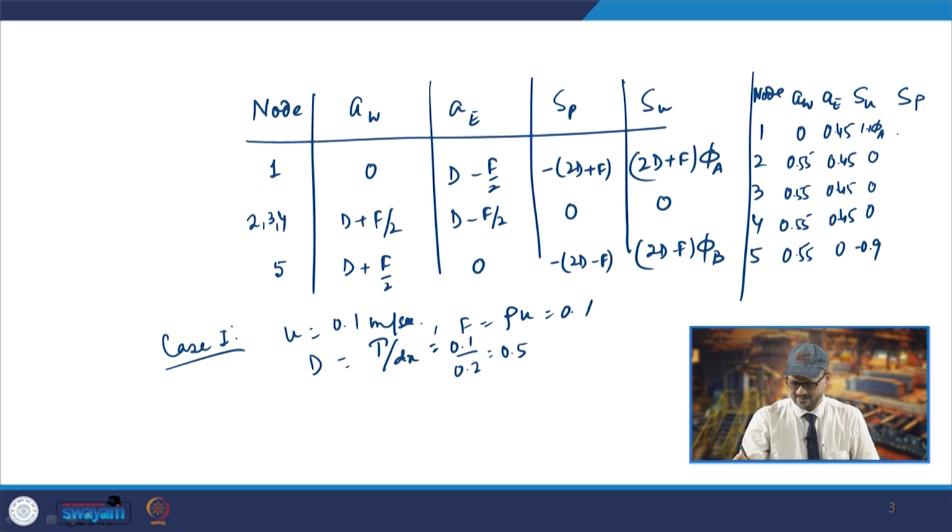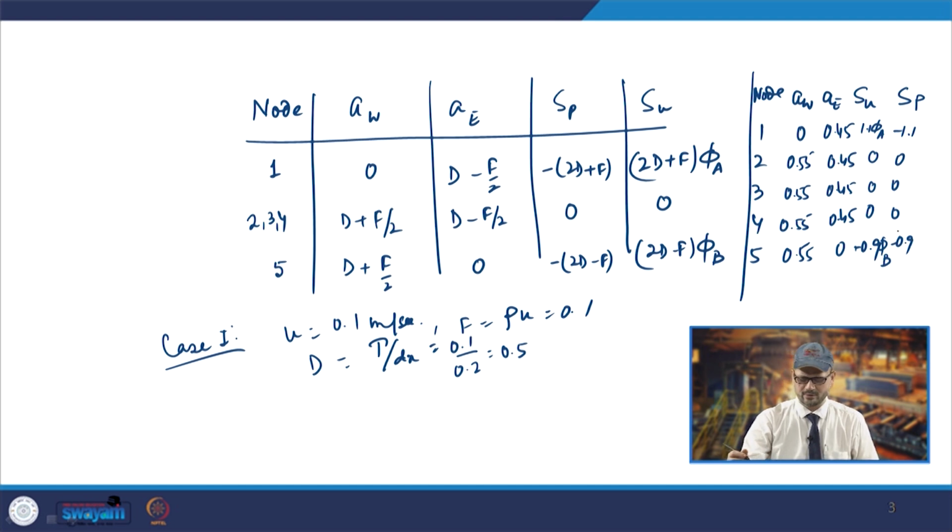So, SP will be again calculated, and you will have the different values. For SU it will be 0.9 phi b, and for SP you will have minus 0.9.